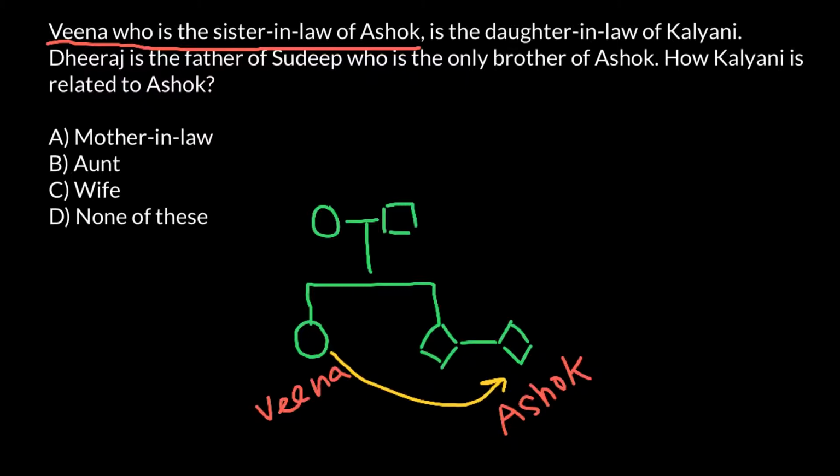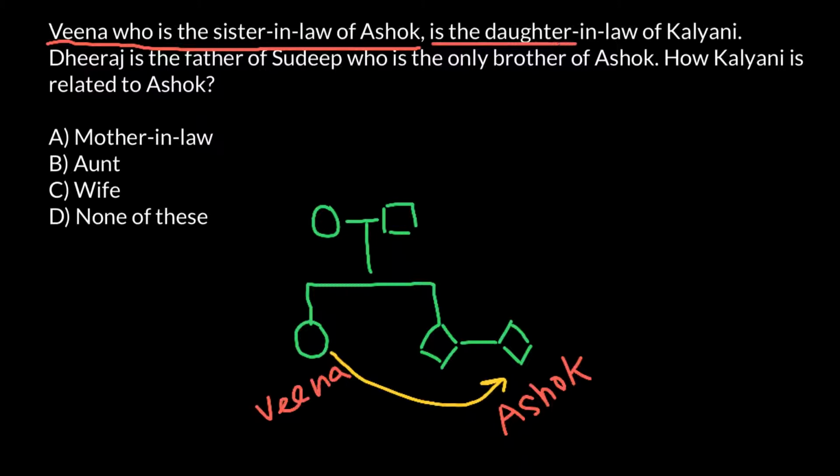So this person is Ashok, and Veena is a sister-in-law of Ashok, or Veena is the sister of the spouse. So she's a sister-in-law.